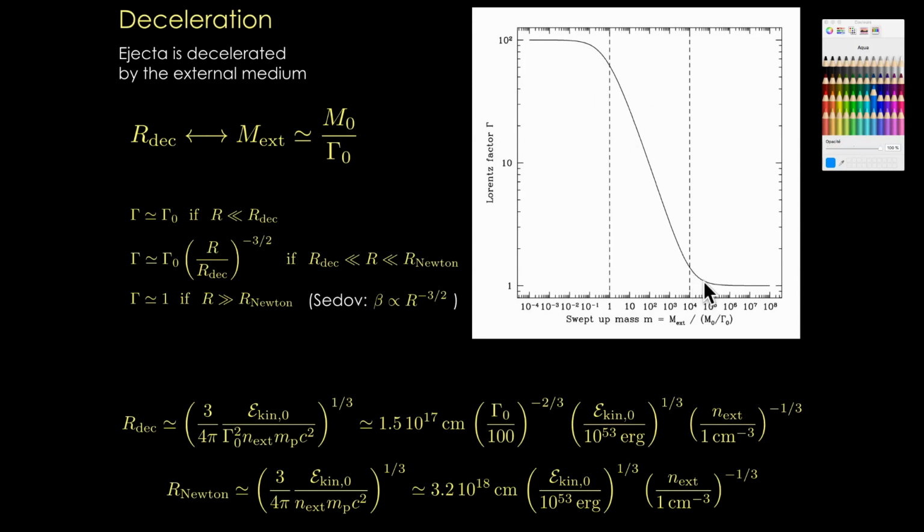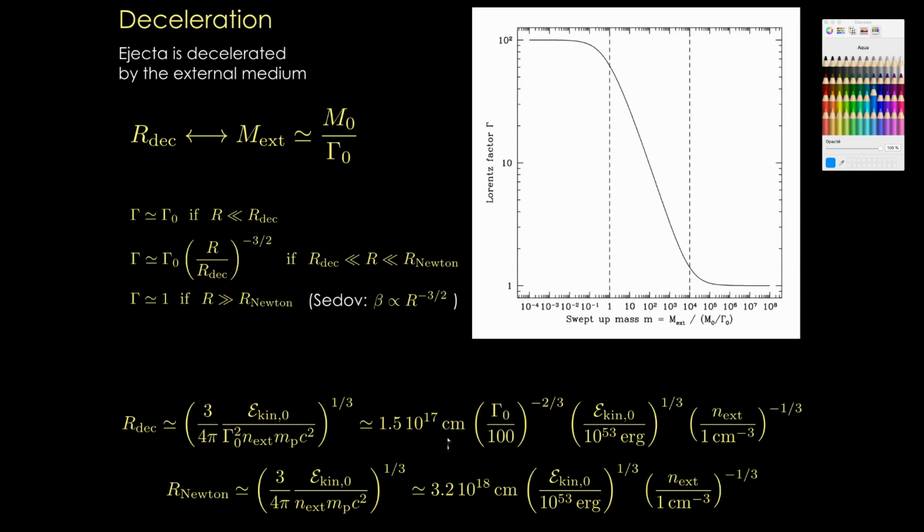And then second transition, the Lorentz factor becomes of the order of unity. The motion becomes Newtonian, it's a Sedov solution. And the second characteristic radius here is the Newtonian radius. So as you have seen, this transition corresponds to a swept up mass, which is m over gamma. And this is how I can deduce my deceleration radius, which is given here.